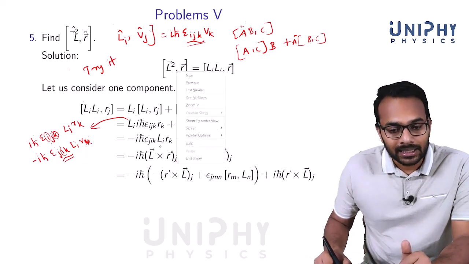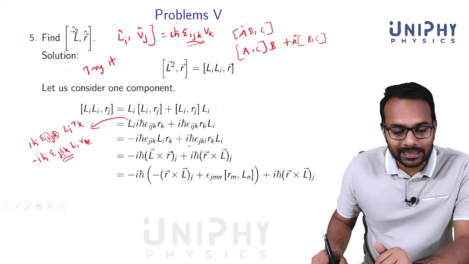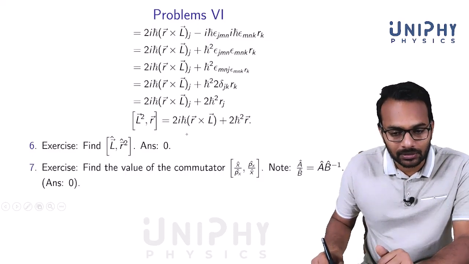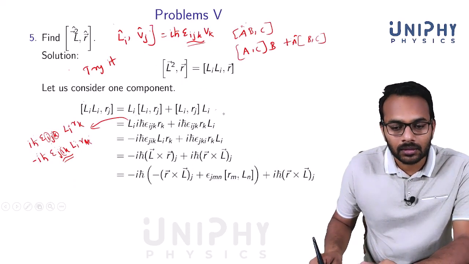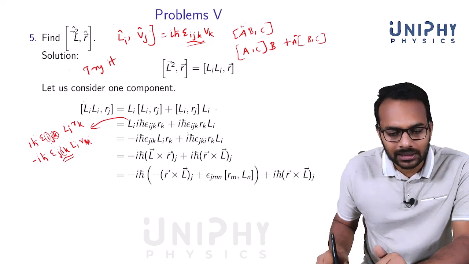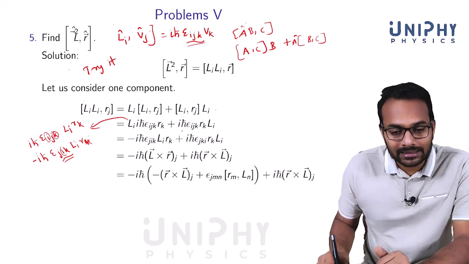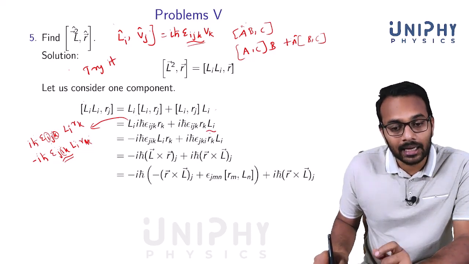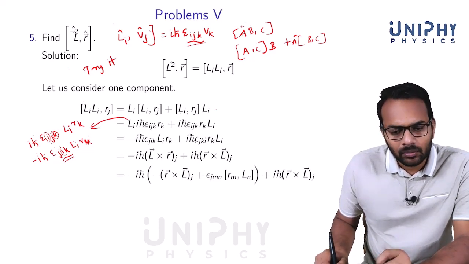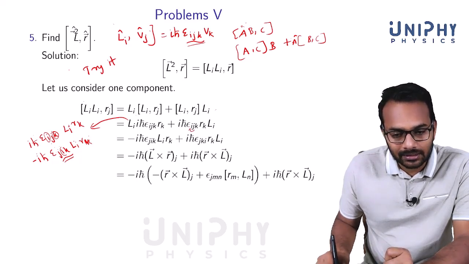In exactly the same way, let's look at the second term here. What do we have? It's iħ epsilon ijk Rk Li. What do we do here to make it in the form of a cross product? We need this j here, and also we need to write the k here. Only then it works.